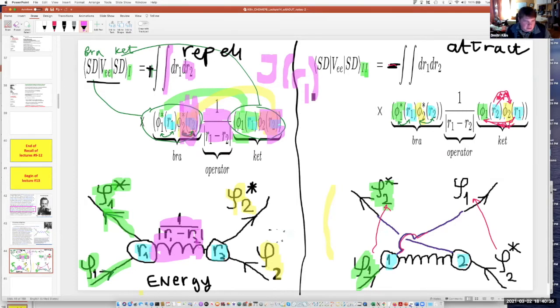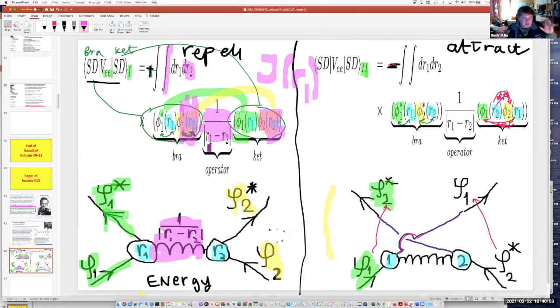Why am I doing it? Because I need an equation that will act only on one electron. So currently, our electron-electron interaction depends on the position of both first and second electrons. It's a very bad operator mathematically.